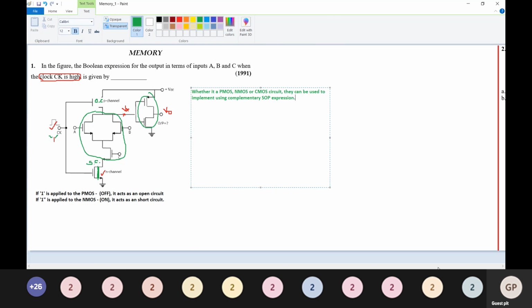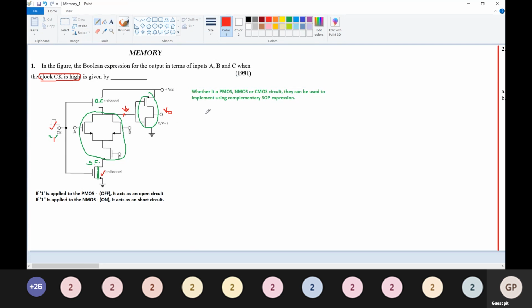Okay, so that means, here you see, I'm going to write the expression for network 1. So at this point Vx, I'm going to write the expression for Vx. That means Vx will be like this.